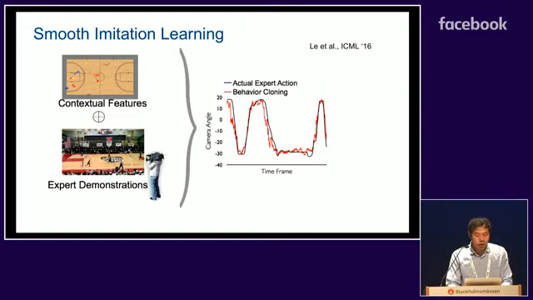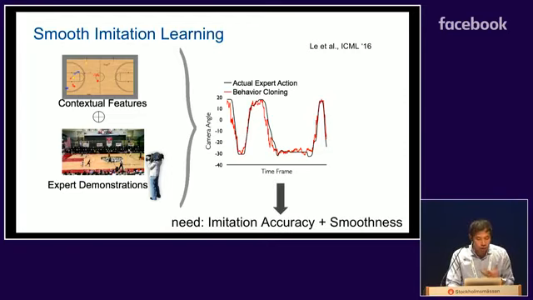The issue here is that we actually need both imitation accuracy and smooth actions. The reason behavior cloning is not smooth is because the function class that we consider here to learn the policy is highly expressive. Typically, we use some black box method like neural nets or decision trees, and in trying to maximize accuracy, it reacts to all the small changes in the state features.